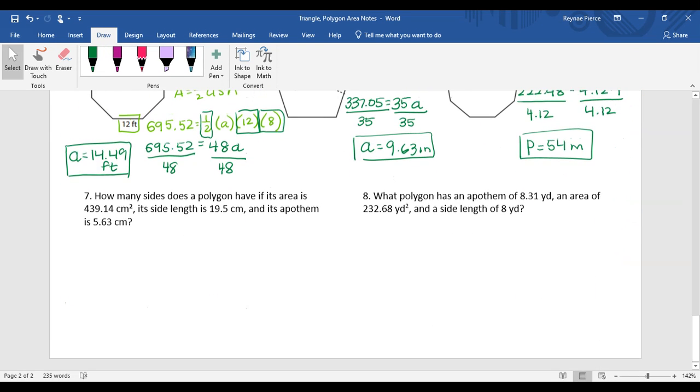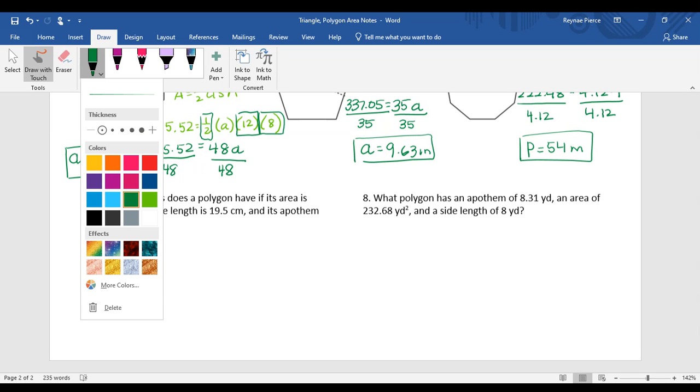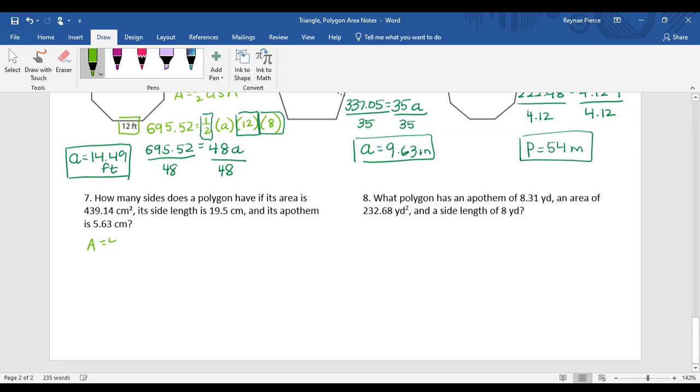These last two examples have to do with finding the number of sides. I'm still going to define those variables. My area is 439.14. Side length is, remember, the variable lowercase s, that's 19.5. N, we don't know. And then the apothem is 5.63.